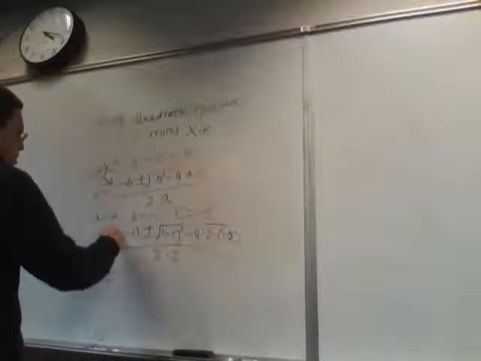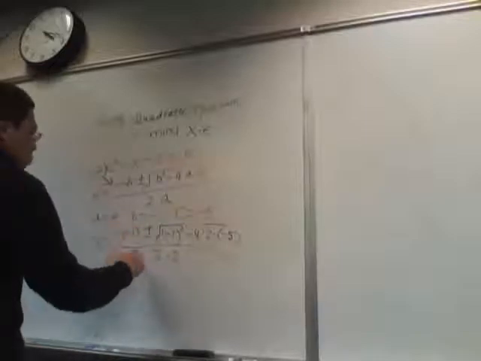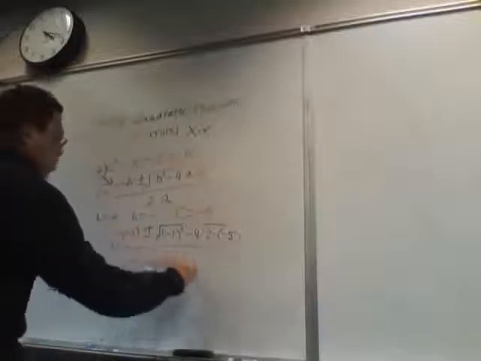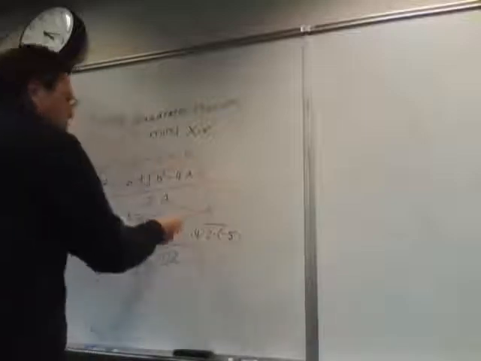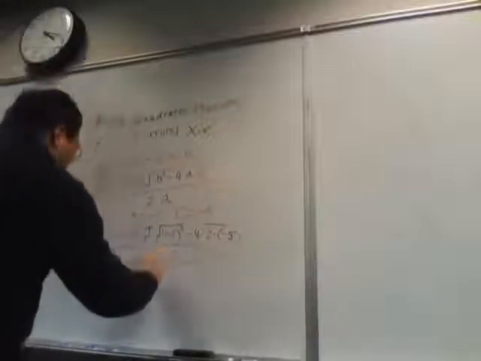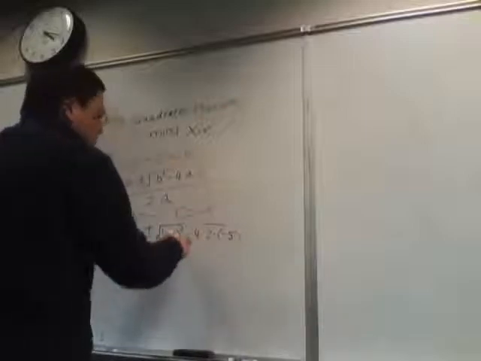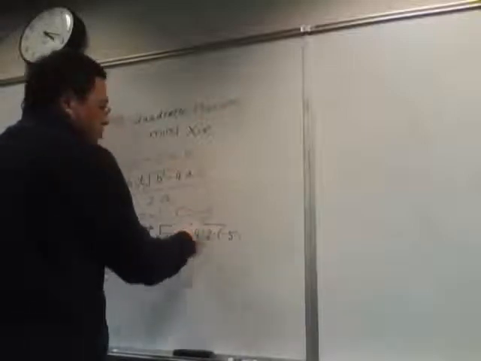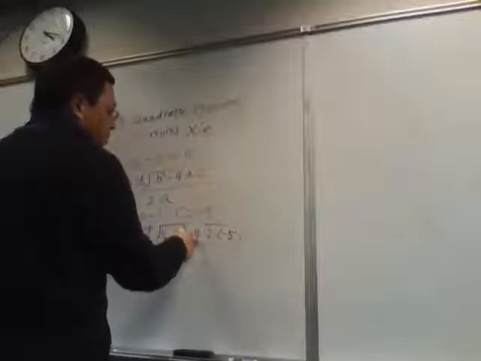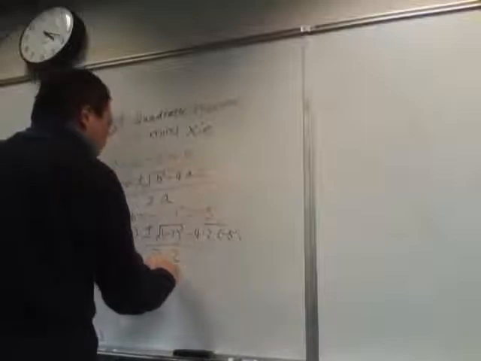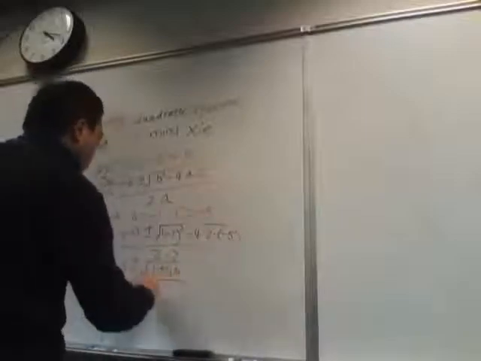And then minus negative 1, so that's plus 1. How do you solve this one here? Negative 1 squared is 1. Negative 4 times negative 5 is positive 20, times 2, that's 40. So the whole thing is divided by 4.